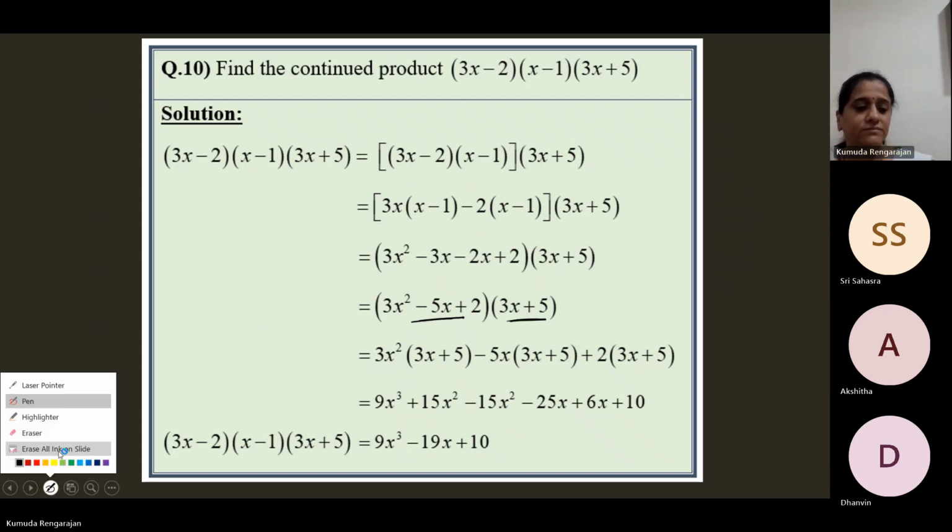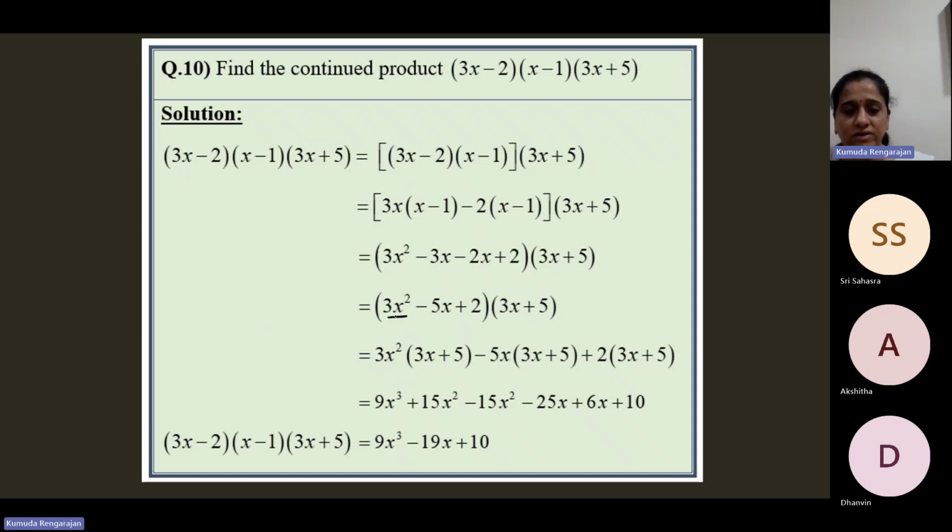So how do you multiply the first term into the second bracket, second term into the second bracket, third term into the second bracket? Then how do you proceed? This into this, this into this, this into this, like this, right?